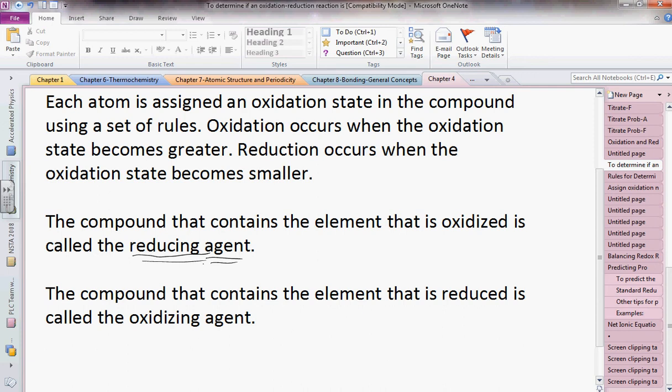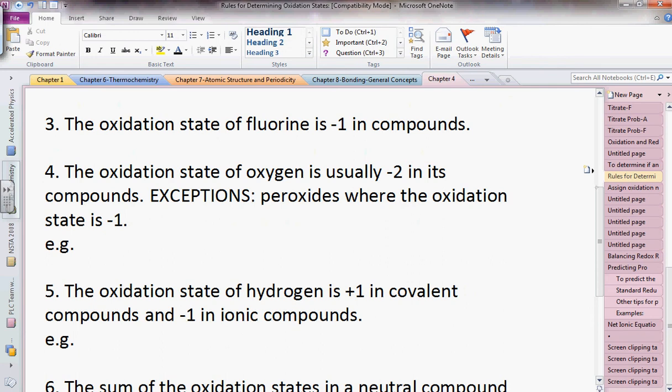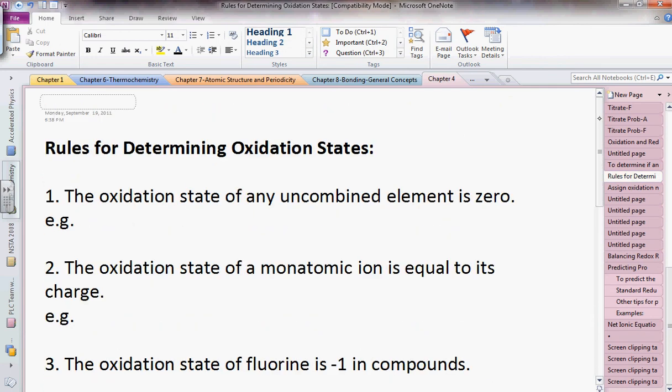The compound that contains the element that's reduced, in effect, is oxidizing some other atom, and so we call it the oxidizing agent. Confusing, I know, but these are two terms you need to know when people talk about redox reactions. When something is a very good reducing agent, that means it's very easily oxidized, and if something's a great oxidizing agent, it means that it's very easily reduced.